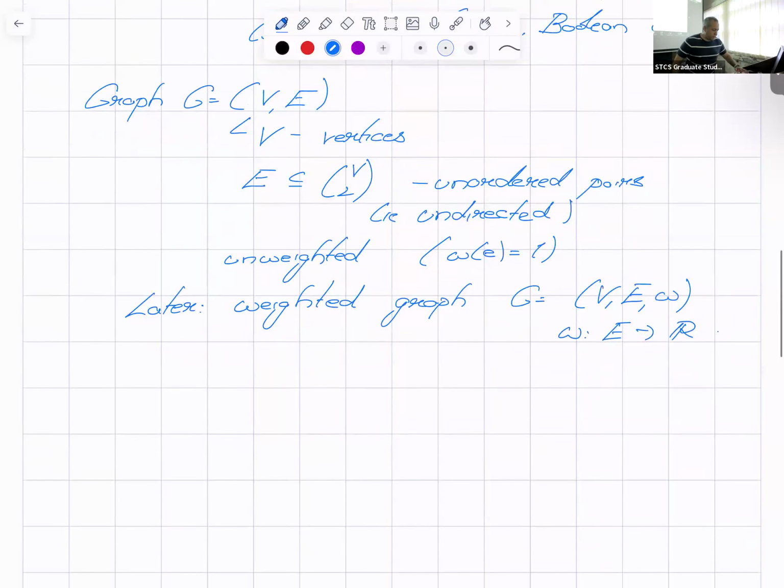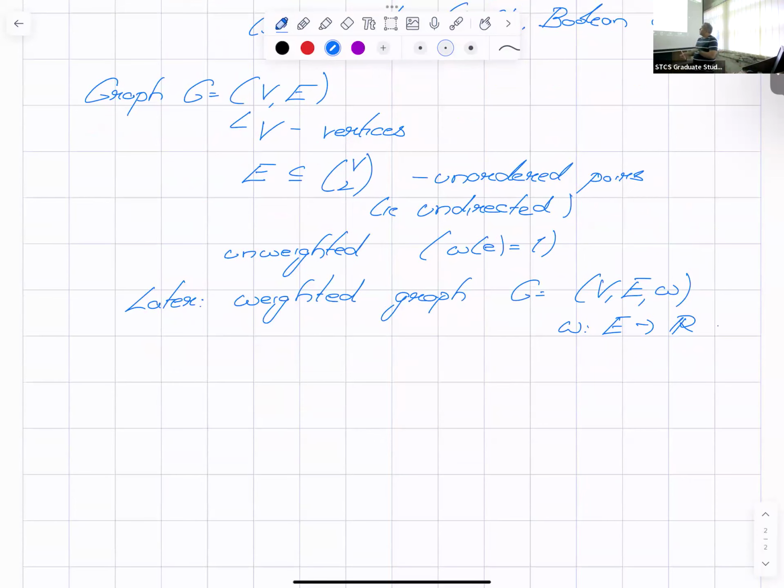And what does it mean to look at the spectrum of this graph? Somehow we want to understand properties of this graph. The first thing we're going to do is associate a matrix with this graph, and then understand the eigenvalues and eigenvectors, and ask what these eigenvalues and eigenvectors tell you about the graph. That's what all these lectures will be.